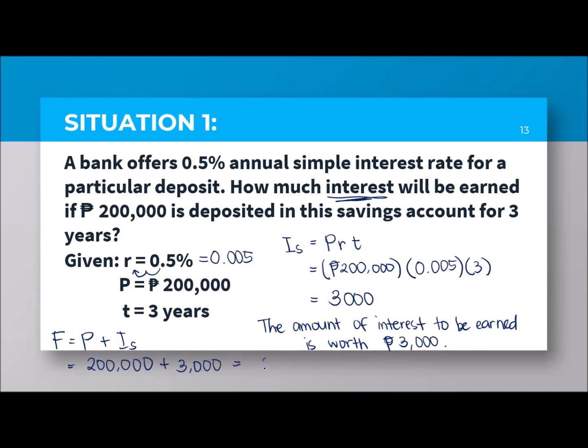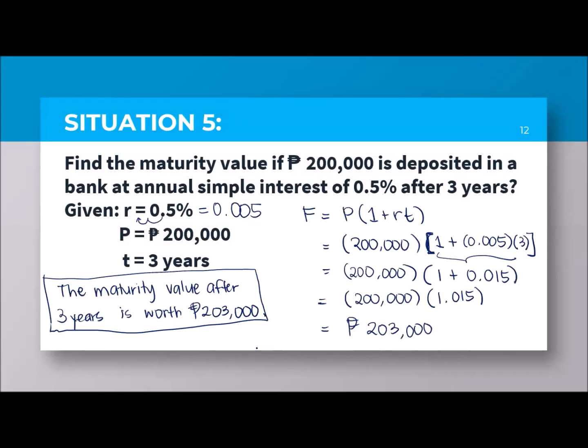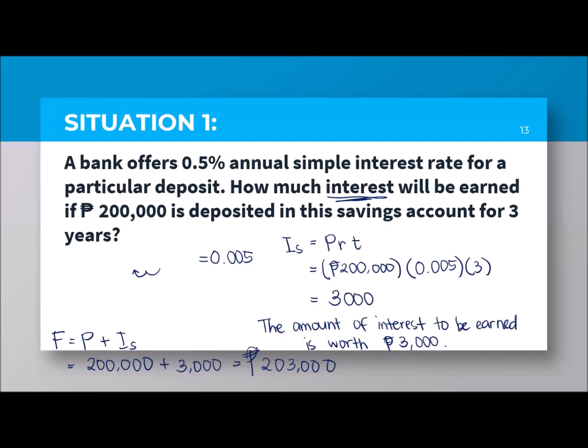So, ibig sabihin nga, tama yung sagot natin kanina na ang future value ay 203,000 pesos. Okay? So, I hope that's very much clear with you. Parehas lang naman yan. Kahit ano ang ating gamitin, we will come up with the same answer. So, I hope I'm helpful for you.